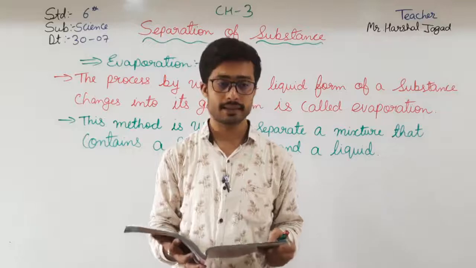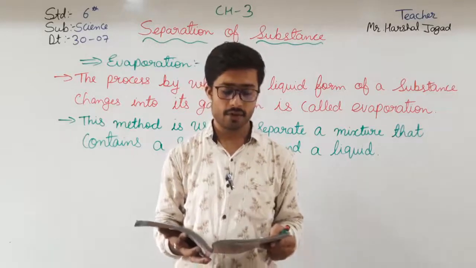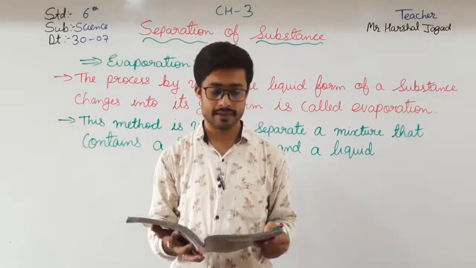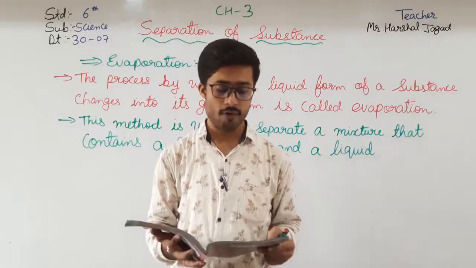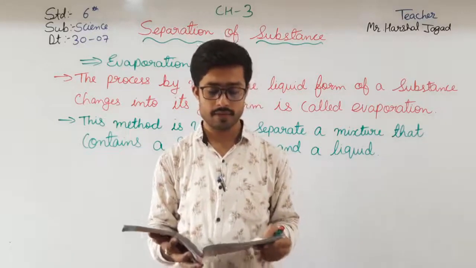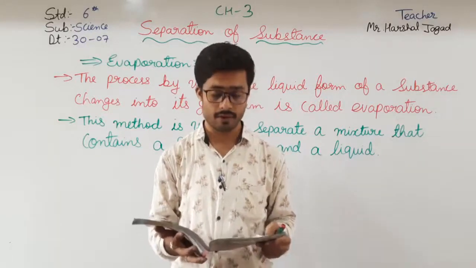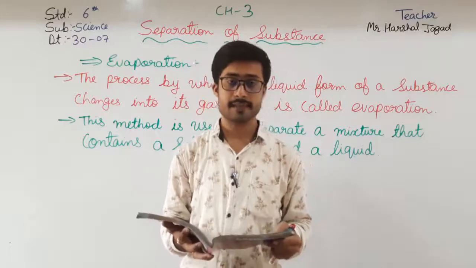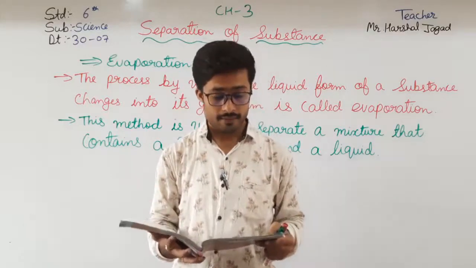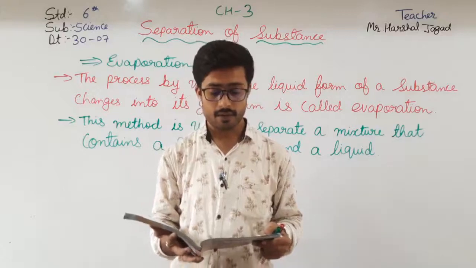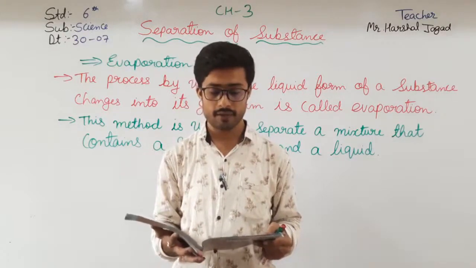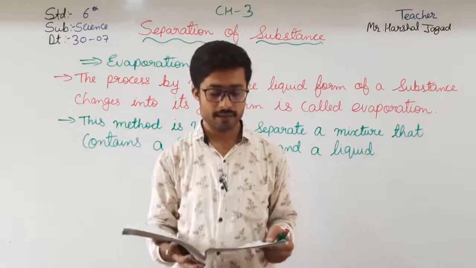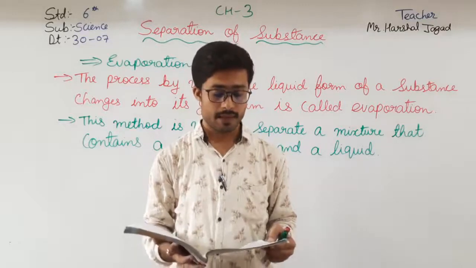The method: take the mixture of salt and sand in a beaker, add water to the mixture and stir it well to dissolve the salt completely. Now place a filter paper cone in a funnel and set the funnel on a conical flask. Pass the mixture through the filter paper.